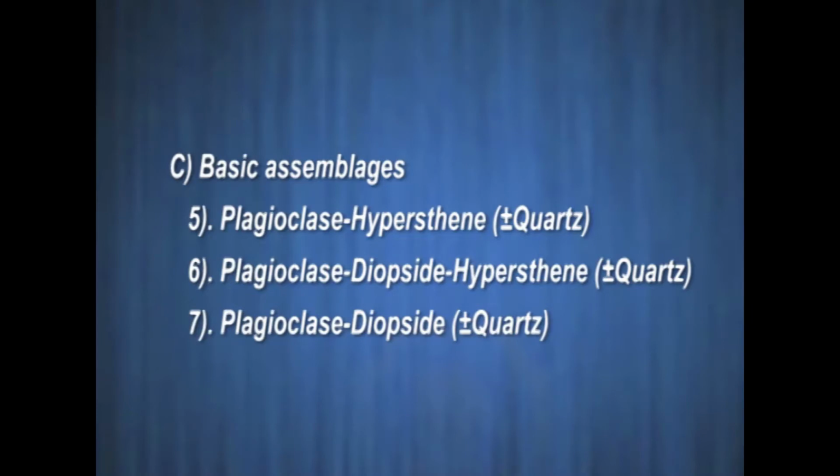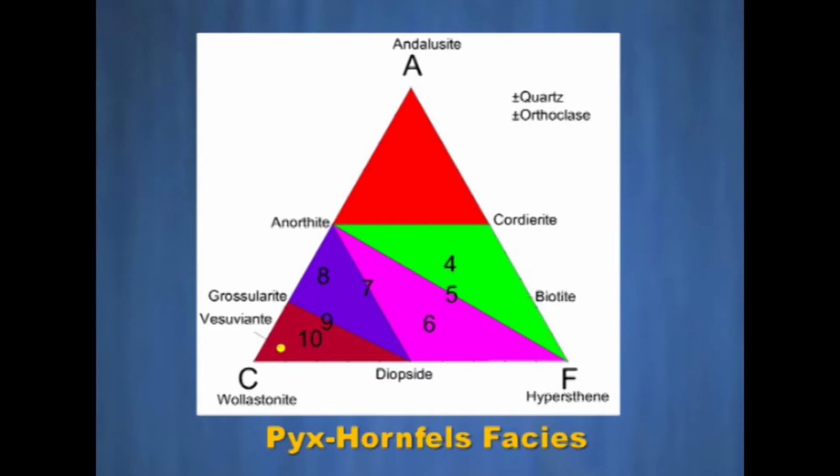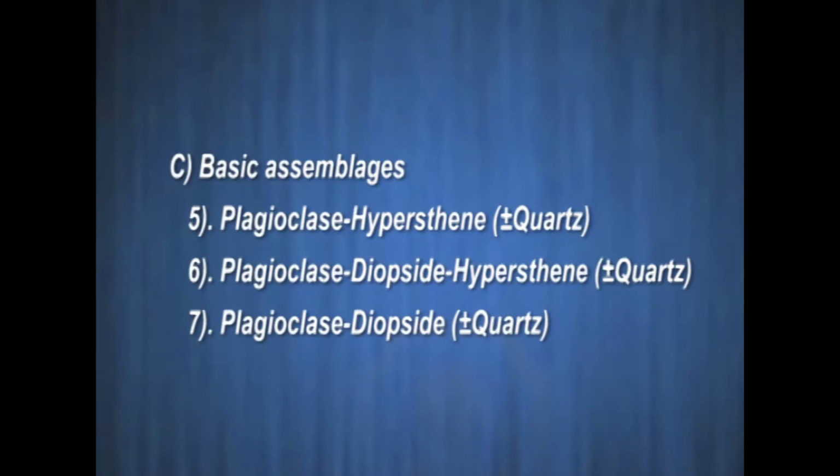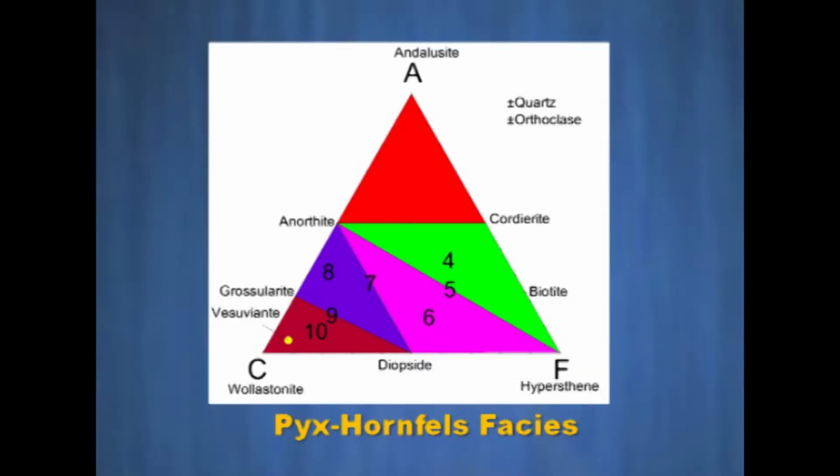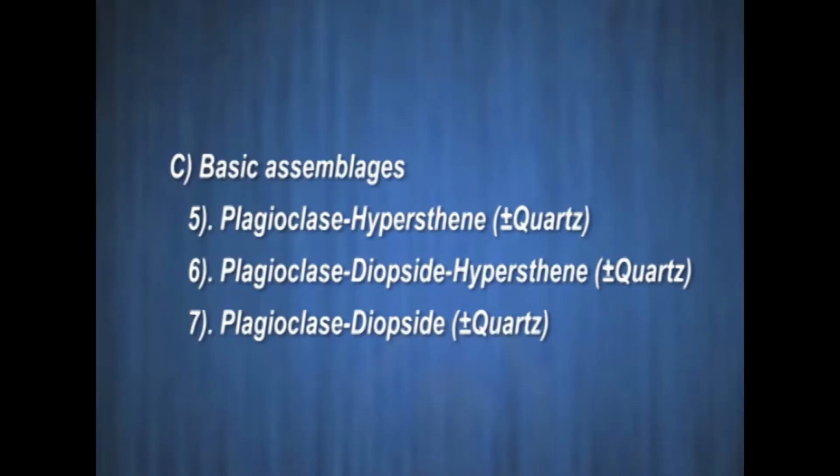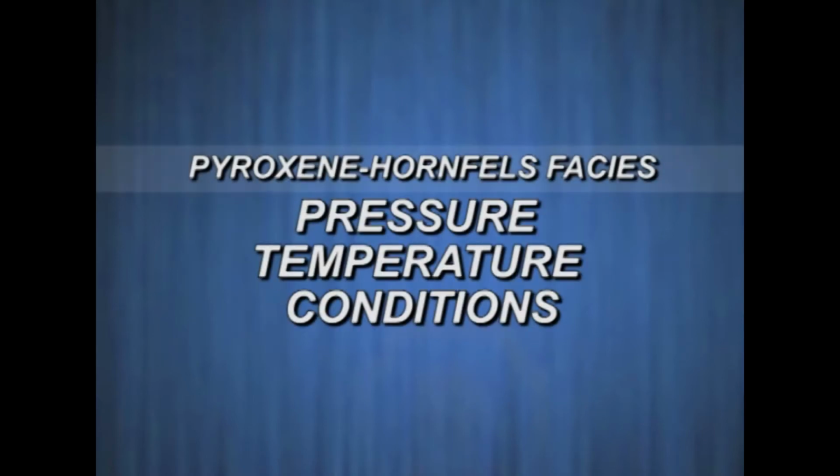Third important assemblage is your basic periclase, hypersthene plus or minus quartz. Next important assemblage is your periclase, diopside, hypersthene plus or minus quartz. Next important assemblage is your periclase, diopside plus or minus quartz.